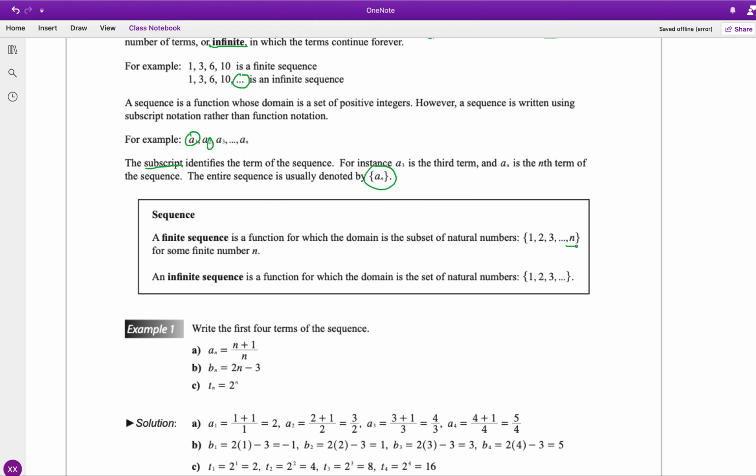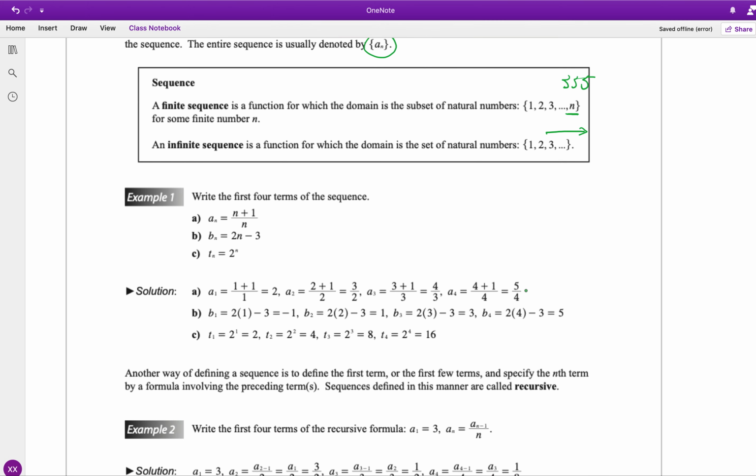It does have an ending, depending on how big you want n to be. If you want n to be 355, that means there are 355 terms in the sequence. But if it's infinite, then you get 3 dots here. That means it goes on forever, and we cannot define how many terms there are because there is an infinite number of terms.